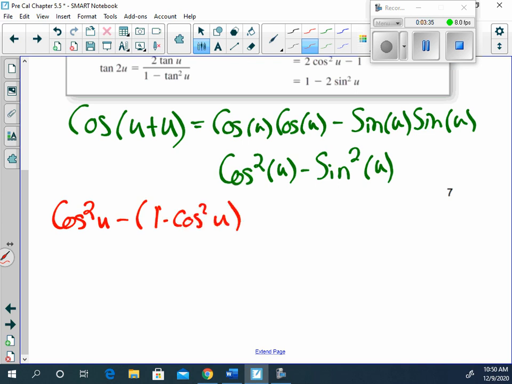So if I replace sine squared with 1 minus cosine squared, I'd have cosine squared of u minus 1 minus cosine squared of u. Well, negative and negative makes a positive. So I have 2 cosine squared of u minus 1.